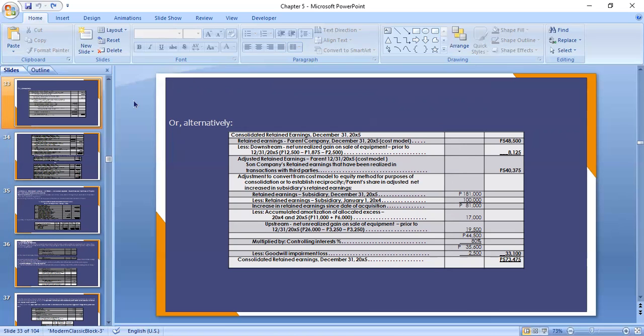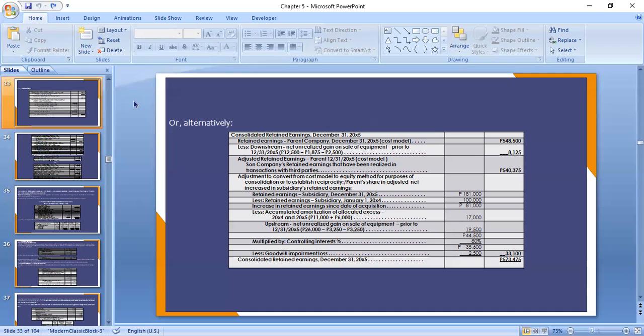Sun Company's retained earnings that have been realized in transactions with third parties. And we now get adjustments to convert the cost model to equity method for purposes of consolidation or to establish reciprocity: the parent's share of the adjusted net increase in the subsidiary's retained earnings.